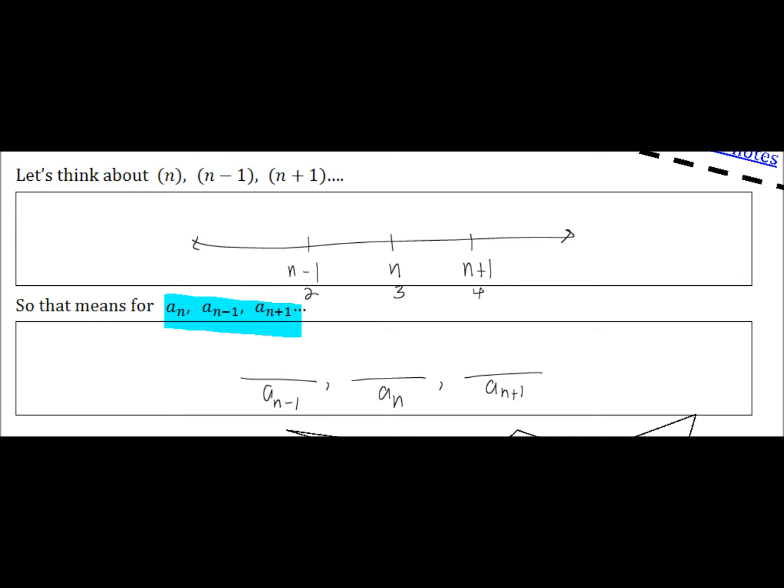Again, let's let our n be 3. This term would be a3. Of course, the term before it would be a2, or 3 minus 1, and the term after it would be a4, or 3 plus 1. Again, this sequence, a sub n minus 1, then a sub n plus 1, should make sense.